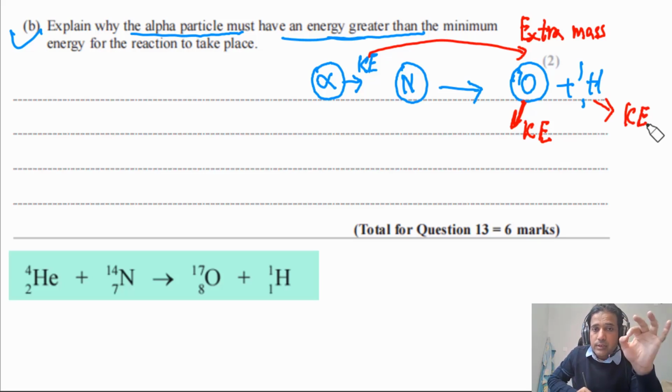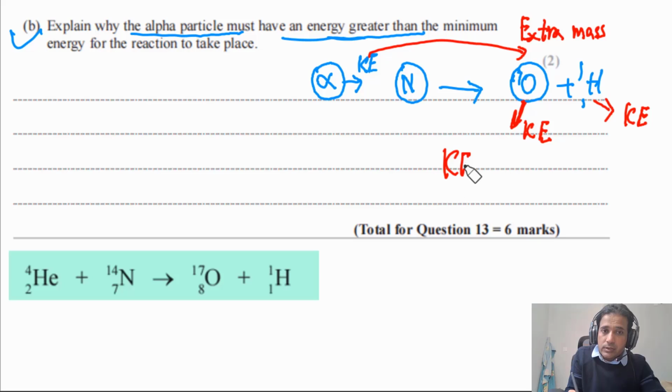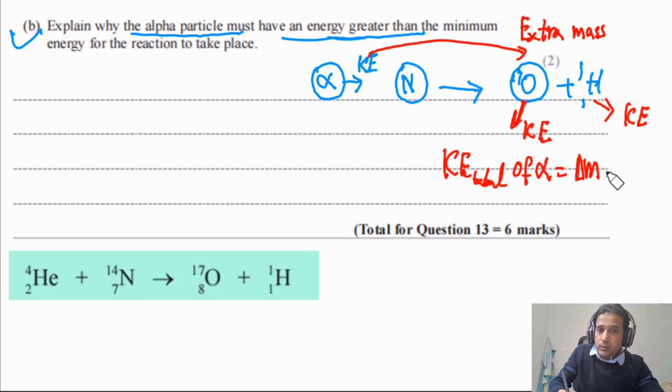So the total energy of the alpha particle has to be equal to delta m, the extra mass produced, plus kinetic energy of oxygen 17 plus kinetic energy of hydrogen, or proton you can say.